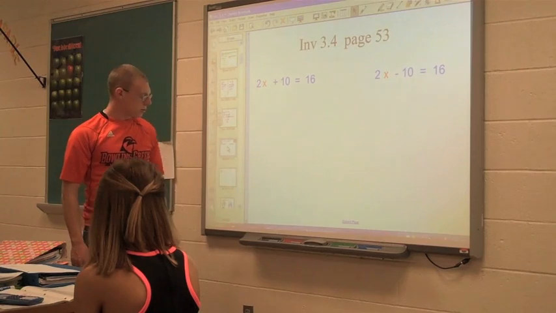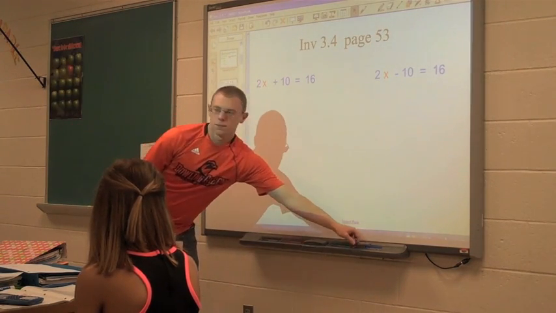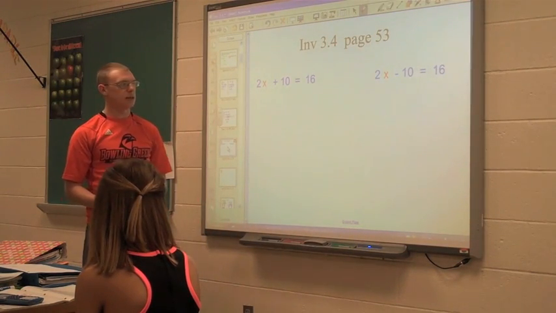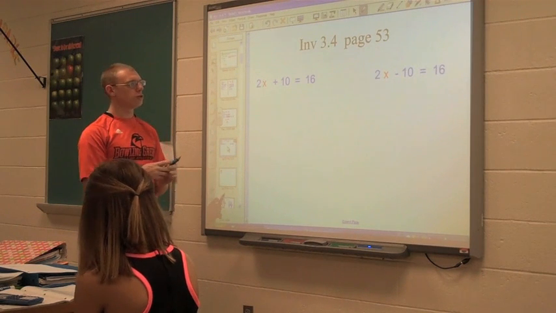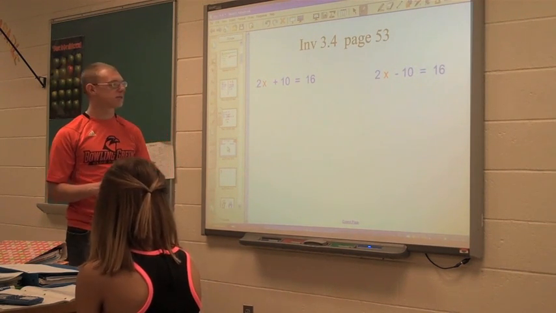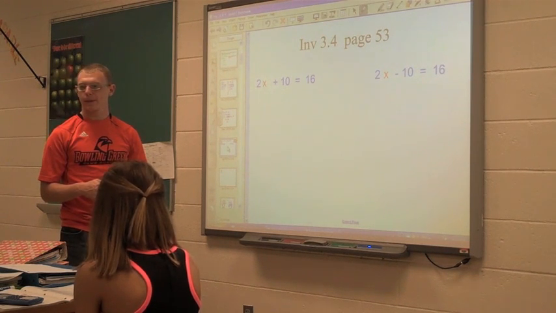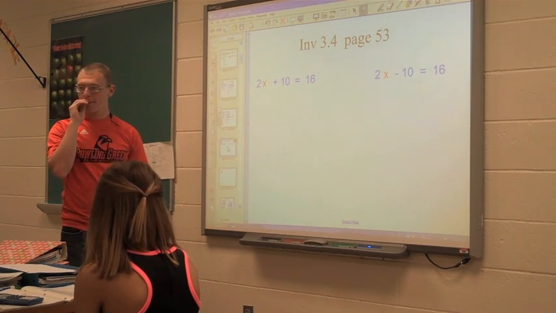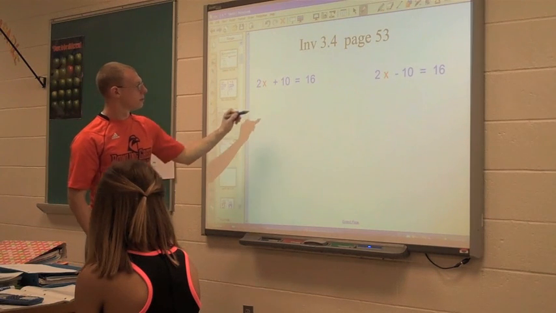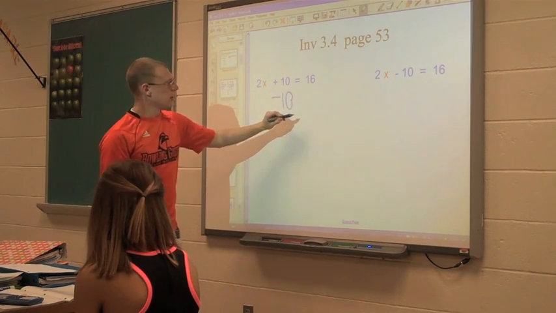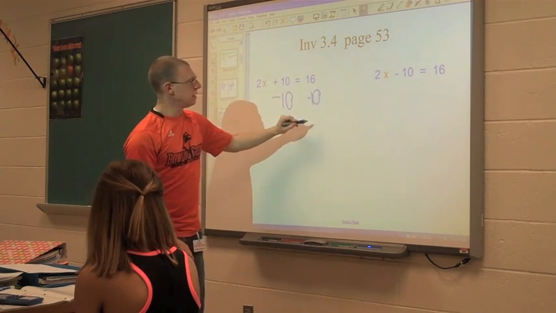How would we start with solving this equation? 2x plus 10 equals 16. Subtract 10 from 10 and 10 from 16. Okay, so subtract 10 from each side.